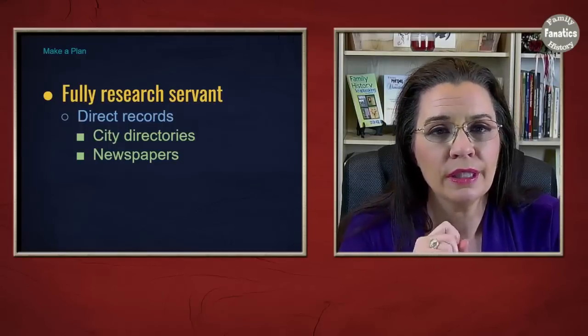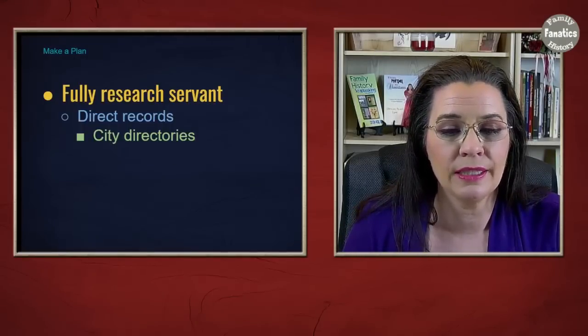And what you're looking for in those city directories is when did she start showing up in the household of the great aunt, and when did she stop? Those are important clues to help you attempt to resolve the question of, well, did she stop about the same time that second great grandfather married second great grandmother?